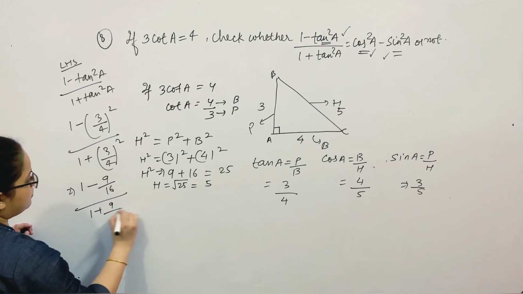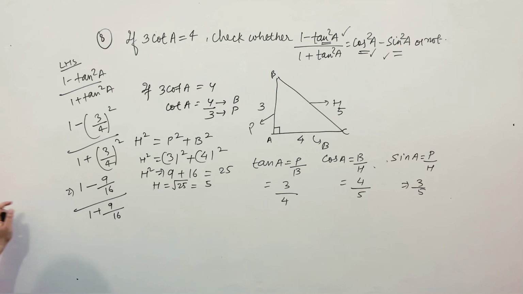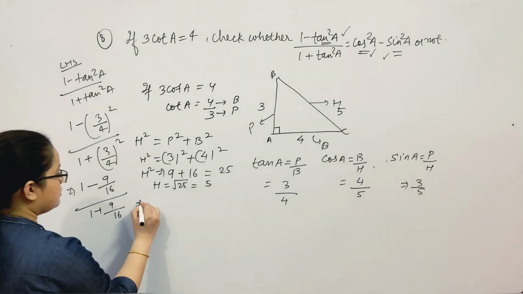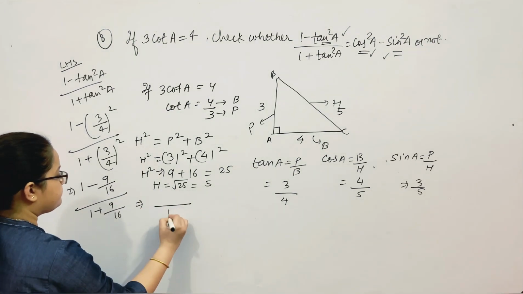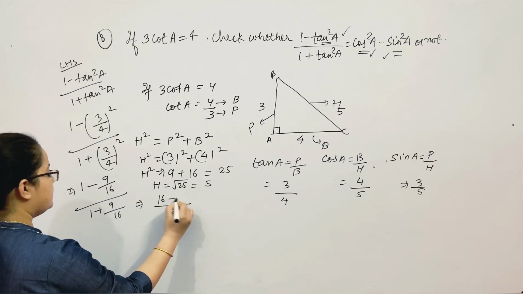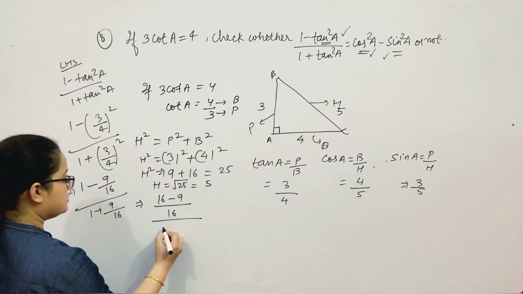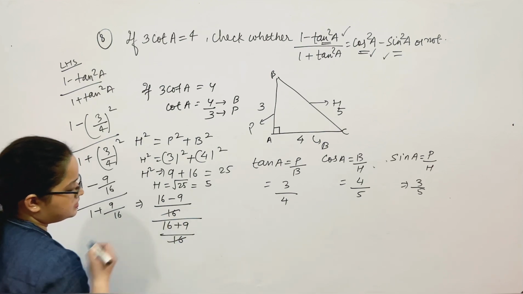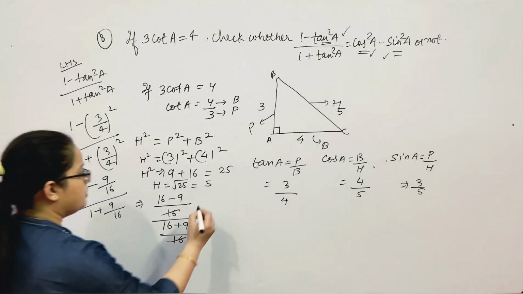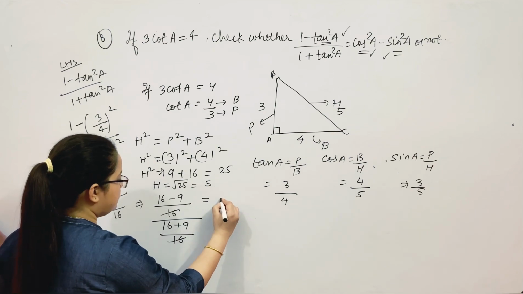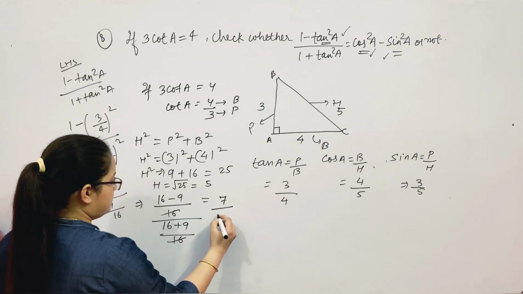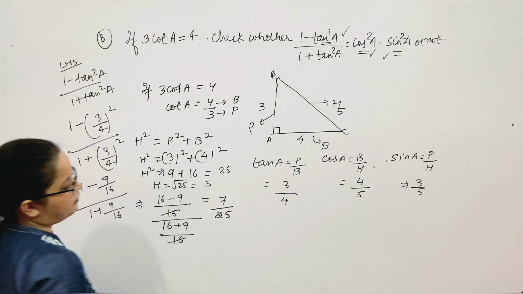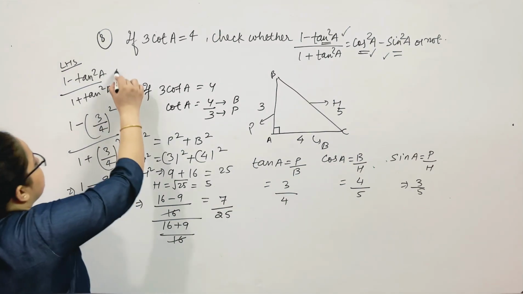Similarly, we will be getting 1 plus 9 over 16. We will take the LCM. (16 minus 9) over 16 divided by (16 plus 9) over 16. This 16 will get cancelled out. And the answer becomes 7 over 25. This is your LHS answer.